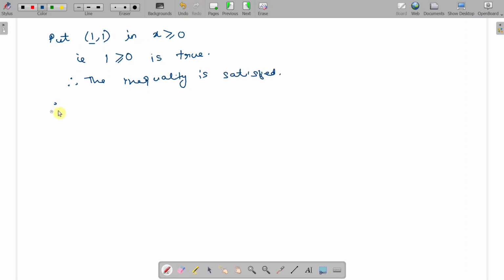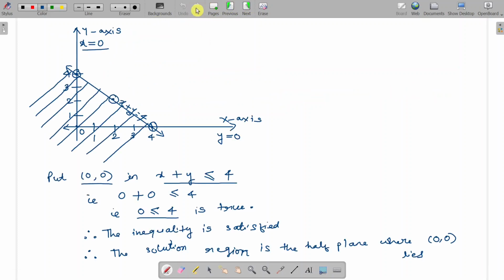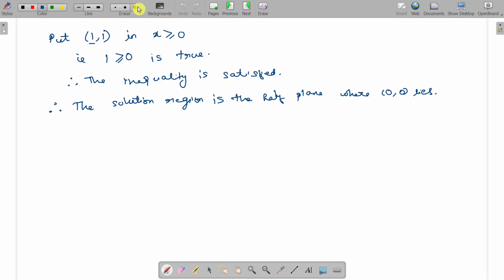So therefore the solution region is the half plane where 1 comma 1 lies.